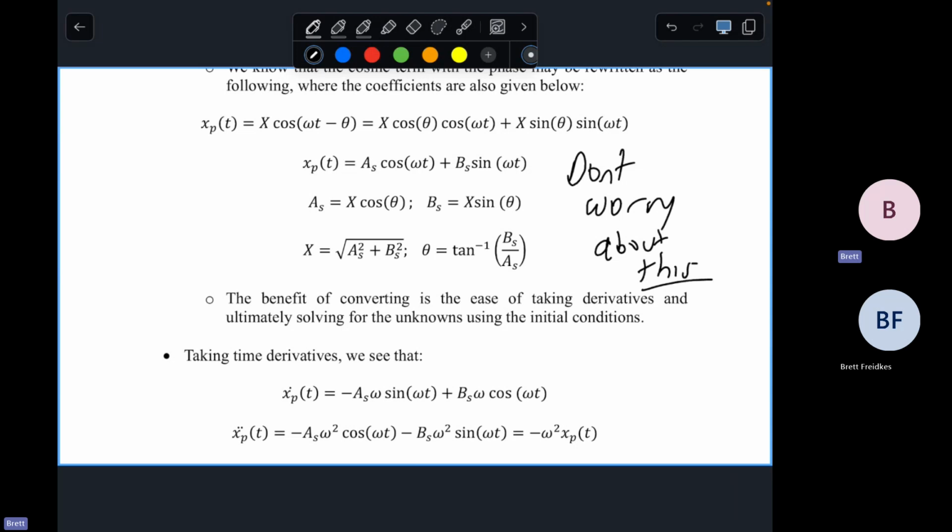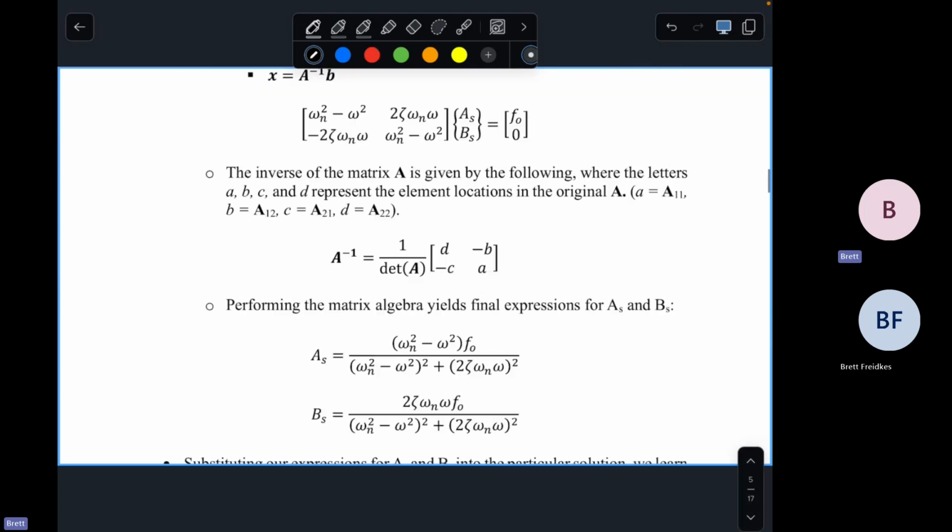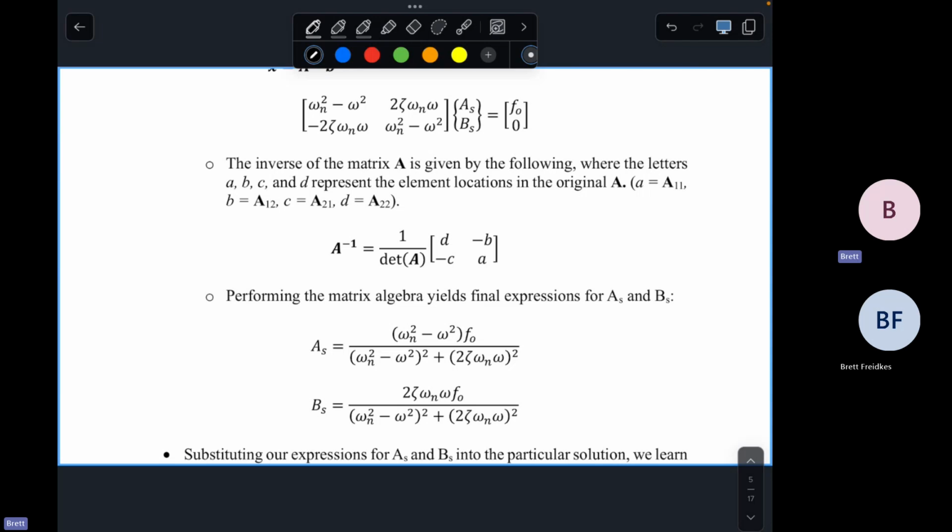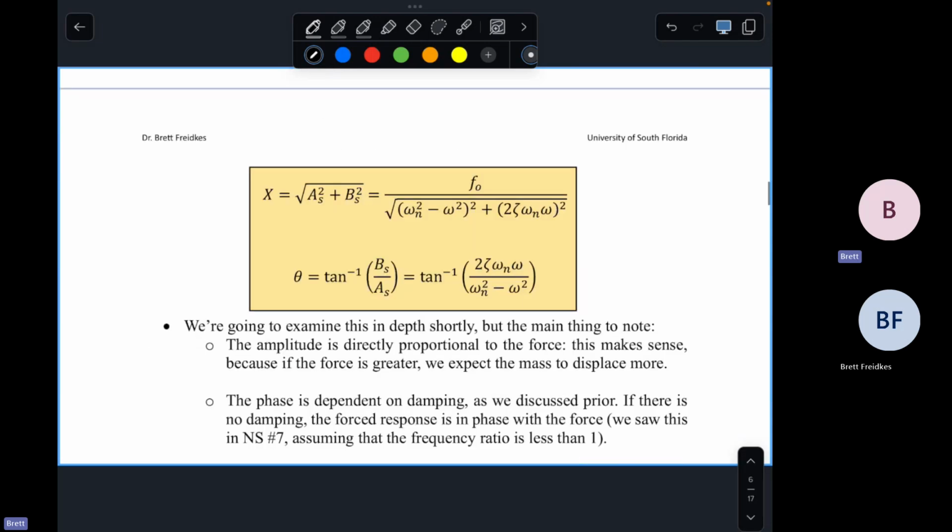It will not be this crazy matrix thing. I didn't do it in class. It's in the notes for your reference. If you want to look, it sucks. We're not going to do it. So all this stuff here with determinants and grossness, don't worry about it. Is that okay? Is that clear? Don't waste your time studying it.